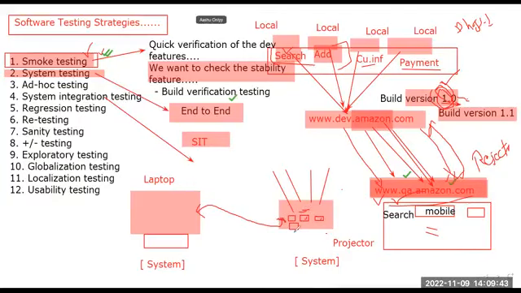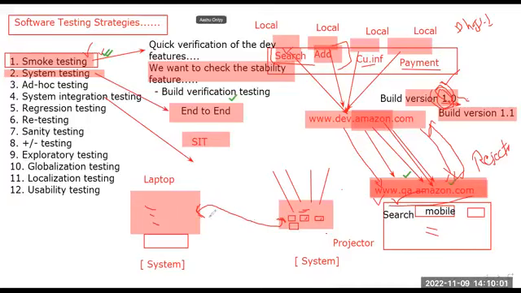If you integrate this projector with the laptop, then you can easily check all the functionality. Also, whatever things you want to display from the laptop, you can easily do it after connecting only. Getting my point, guys? Yes, okay, sir.